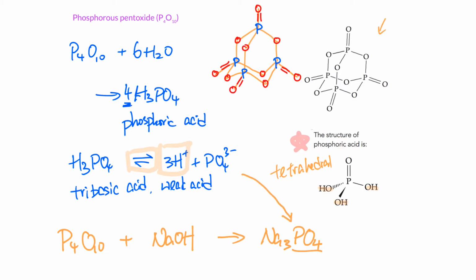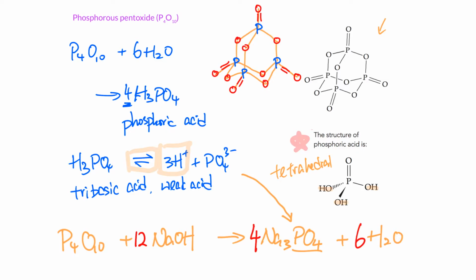It's 3 minus, so therefore Na will be 3. And then you have water, because it's salt and water. To balance this, because you have 4 P here, this one will be 4 as well. So you add 4 on the right-hand side. Because this one has 4 times 3 with 12 Na, you have 12 NaOH here. For the rest, this is 12 H, so therefore you have 6 H2O here. If you add all together, you will find that it is balanced on both sides.